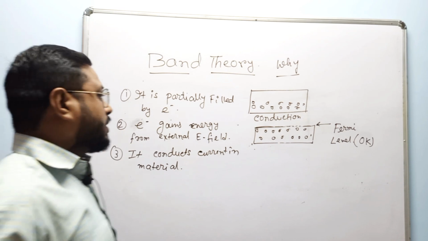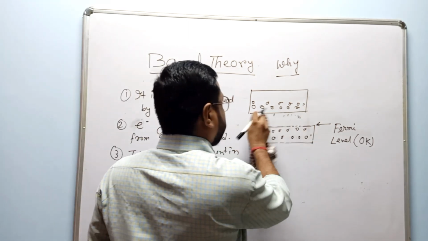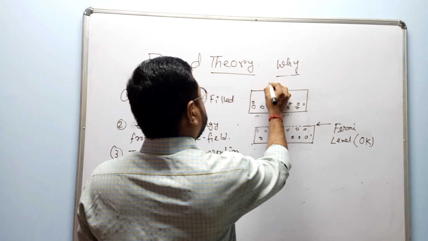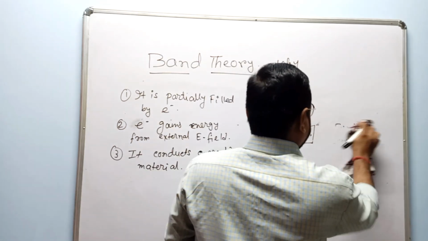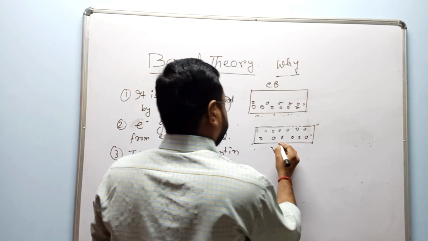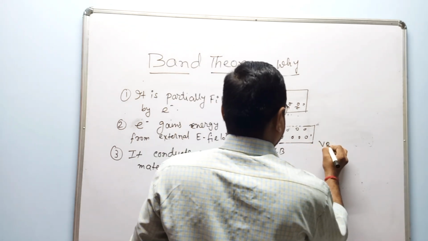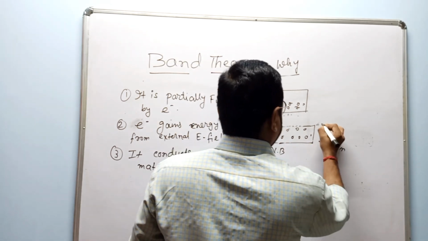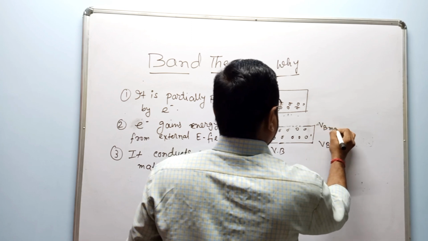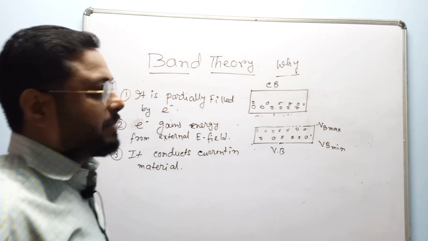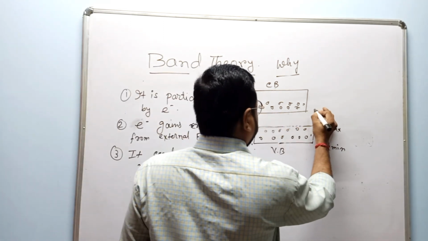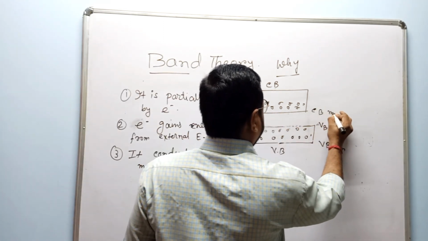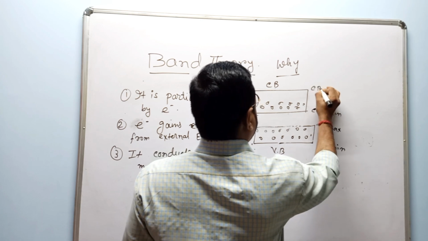Now the gap, if we say that this is the conduction band, the CB, and this is the valence band, VB. So the lowest energy level is the VB minimum and the highest is the VB maximum, that is, maximum and minimum valence band energy levels. And for the conduction band, it is the CB minimum and CB maximum.